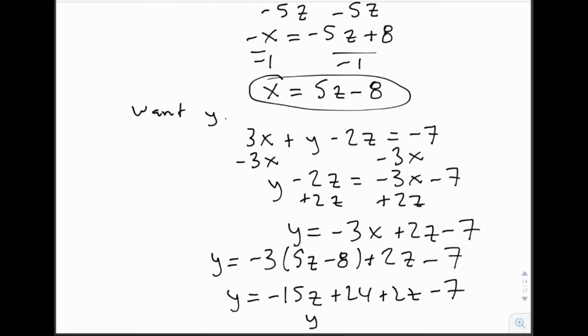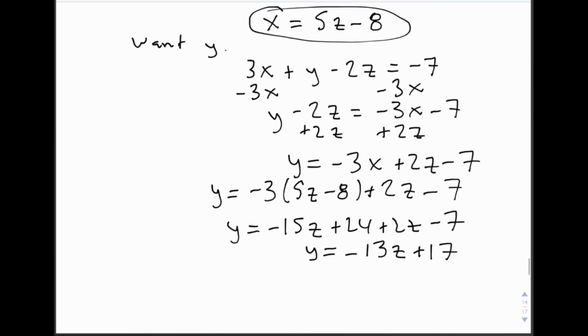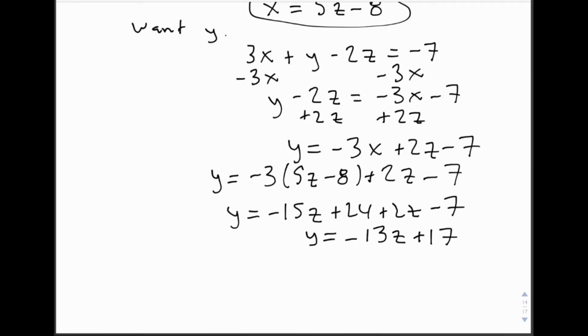And this should all simplify out to y is equal to a negative 13z, and then finally plus a 17. So plus 17 here.